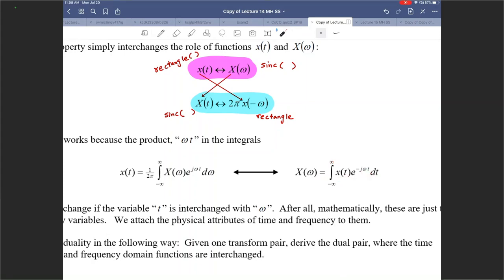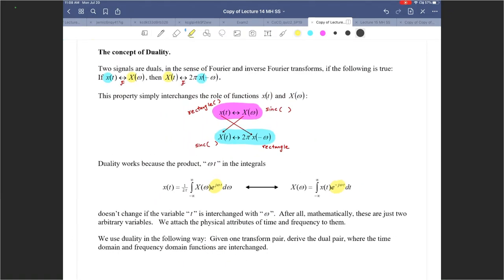And if you see the similarity over here, e to the j omega t, e to the plus j omega t, right? So if you change the roles of the functions, if you change the variables t and omega, nothing really changes, right? We can go from one to the other.